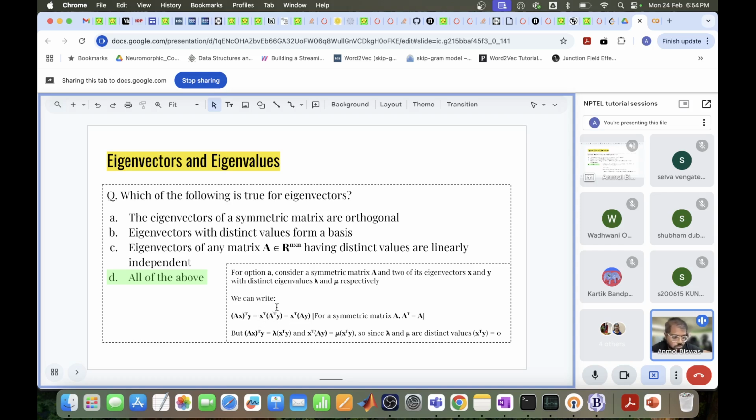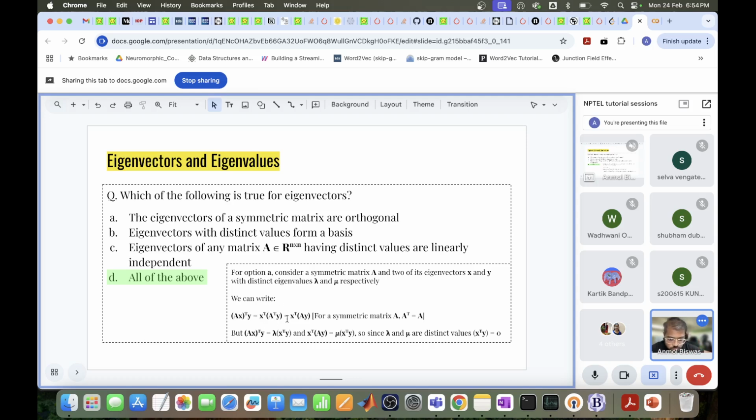Then we utilize the associative property of matrix-vector products, or even matrix multiplications, so we can basically put the brackets anywhere that we like.